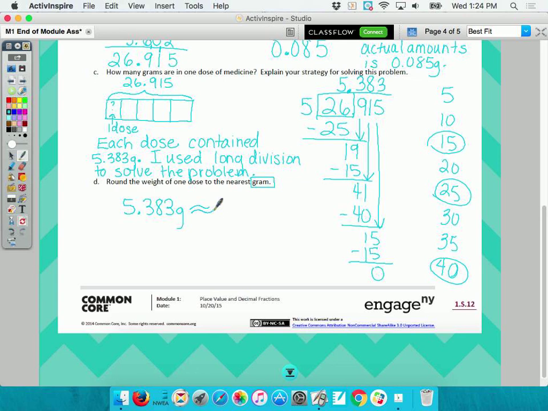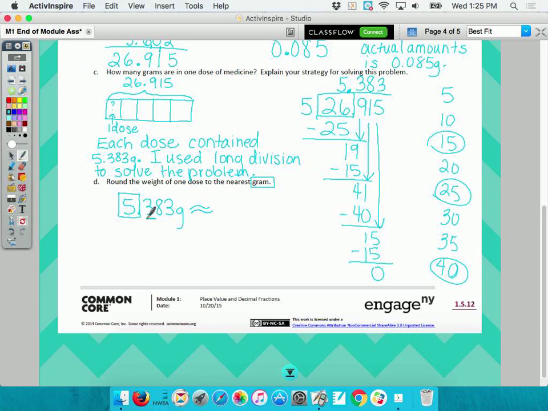What place value do you think, Daniel, gram would be? Ask your neighbor. I think he knows. What do you think, Christian? Nearest one. Or whole number? Is that what you were going to say, Daniel? Okay. So we're going to round to the nearest whole number.